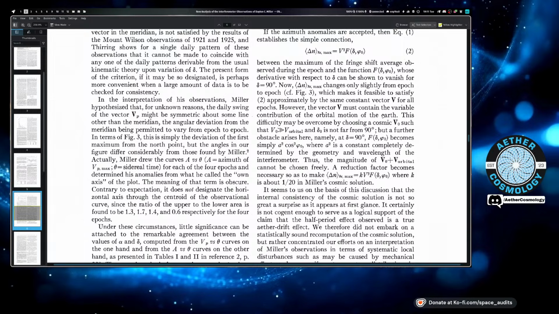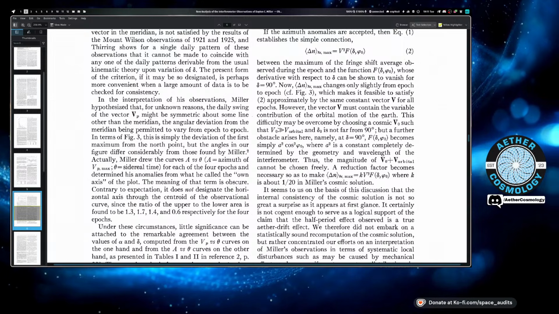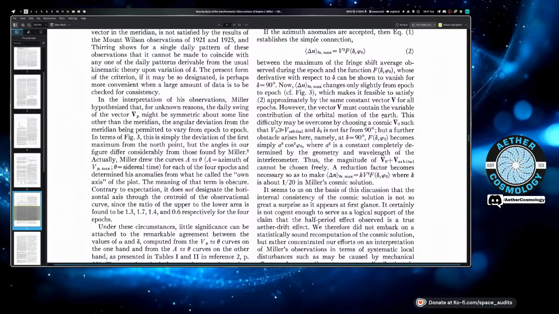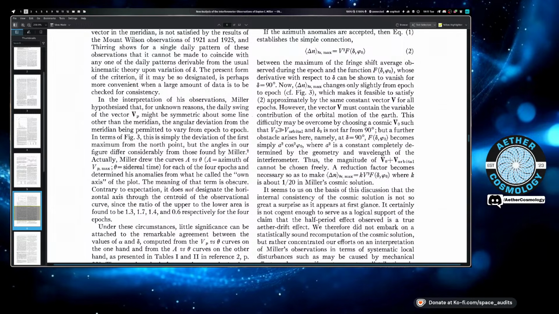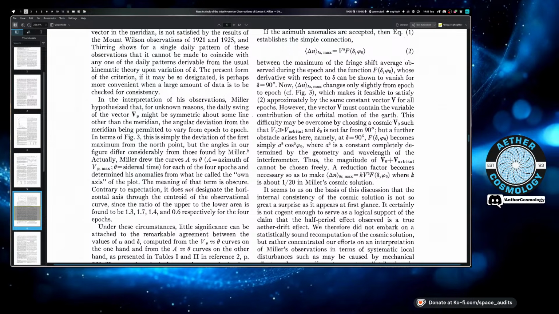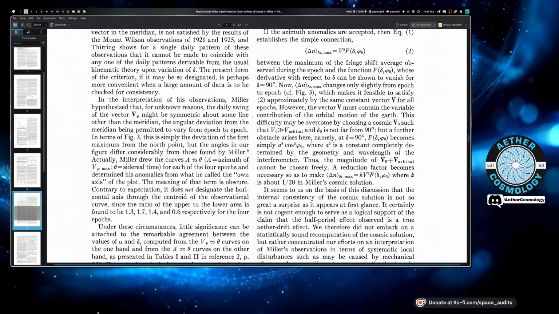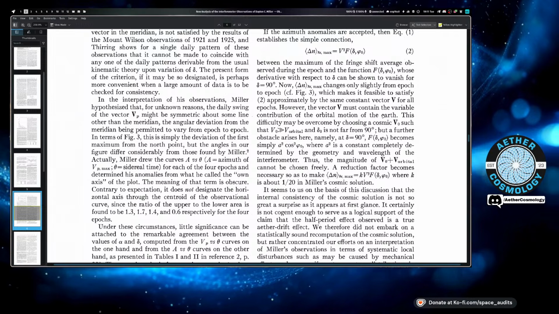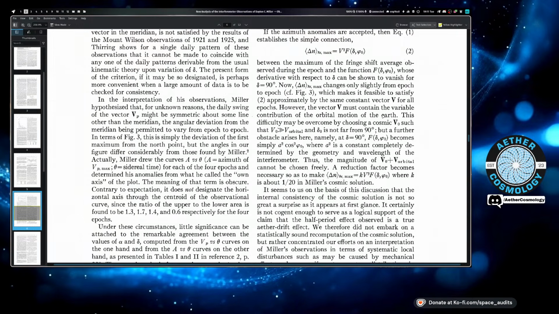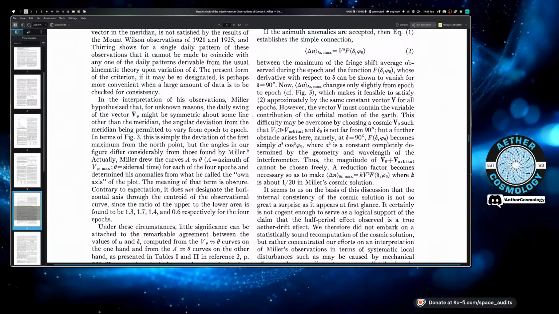But a further obstacle arises, namely that at delta equals 90, where f delta becomes simply a squared cosine of phi, where a squared is a constant completely determined by the geometry of the wavelength of the interferometer. Thus, the magnitude of V naught plus V orbital cannot be chosen freely.